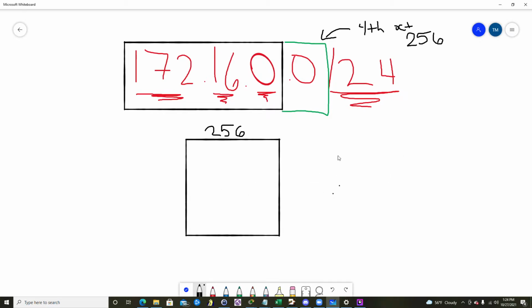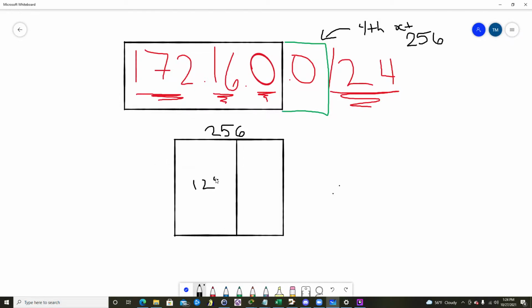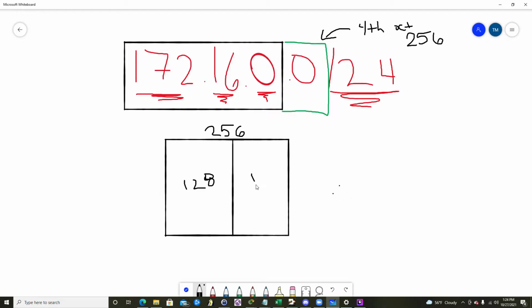We have different ways that we can divide this up. I can divide it in half into 2 even blocks of 128.